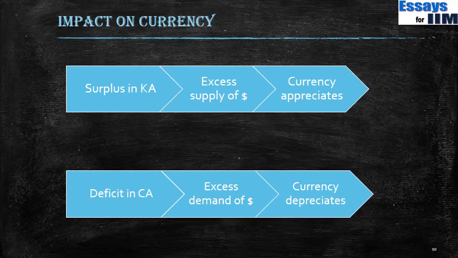Similarly, if there is a deficit in the current account or the capital account, which means that we are importing a lot more than we are exporting, so we keep importing. We need dollars to buy the foreign products, so all the dollars that are there in our economy will start going out to wherever we are buying the product from.